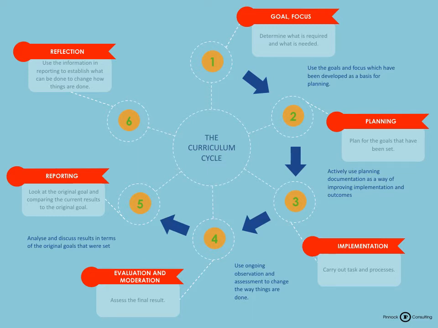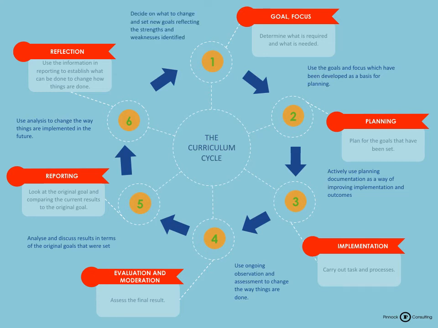And then, of course, number 5 to number 6 is, are we making sure that the changes we're going to make in the school use the information we've got from the reporting, to make sure that there is actually that link? Often we do see that schools do report and reflect, but there's very seldom a link. And then, of course, the final stage is when you've decided what things must be changed and how they must be done differently.